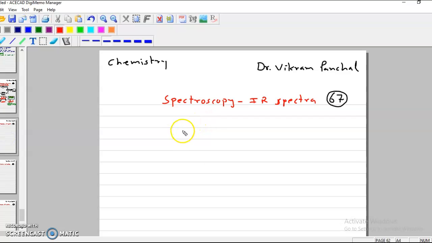Next, the most important thing is sample making. It is very important to prepare the sample for IR spectra, and this topic is known as sample handling. That means preparation of the sample of the unknown compound of which we want to take IR spectra.